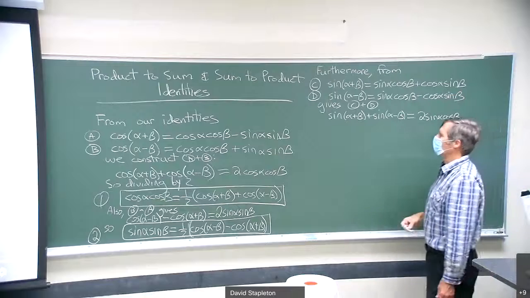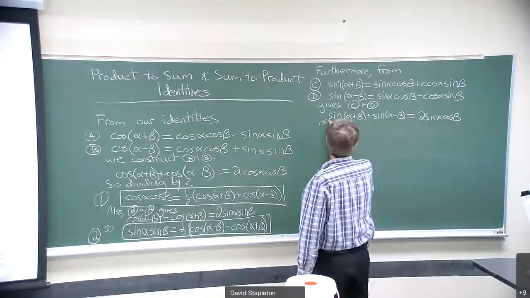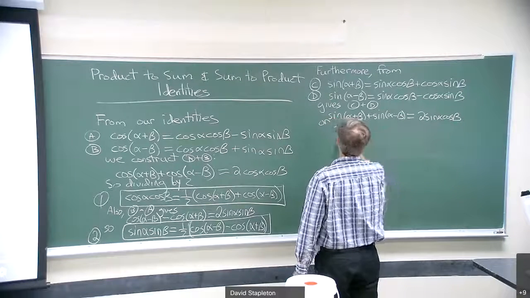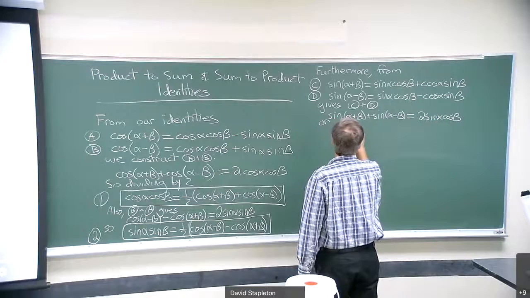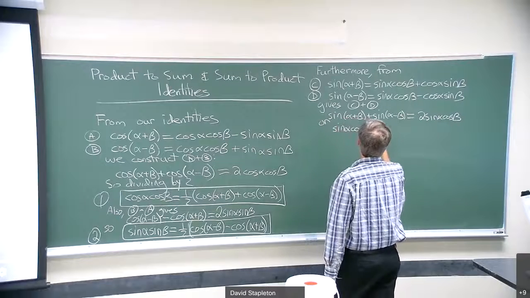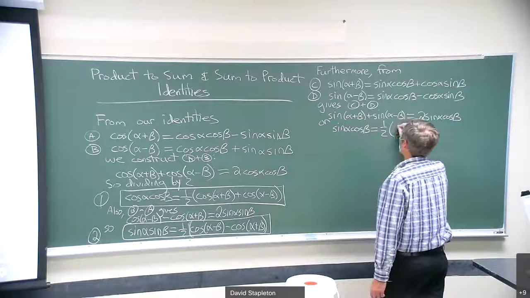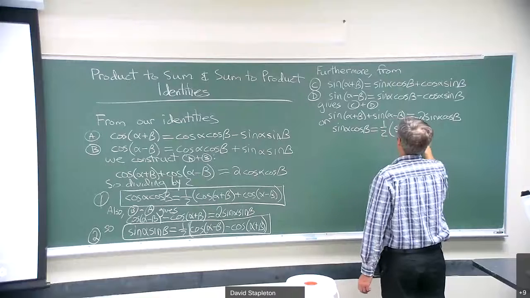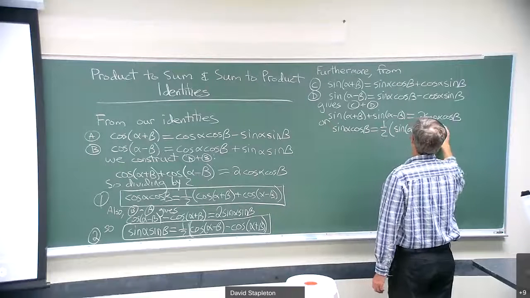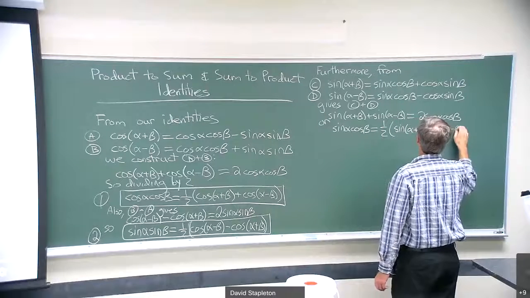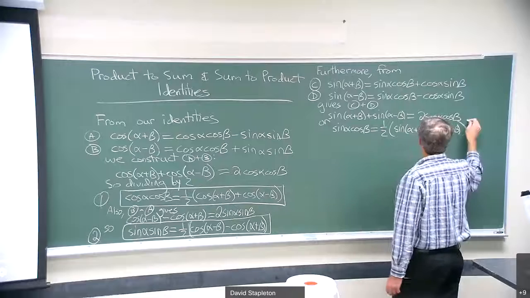And now dividing by 2 and switching sides, we have this one over here, sine alpha cosine beta is equal to 1/2 sine alpha plus beta plus sine alpha minus beta. There it is. This is the last one.